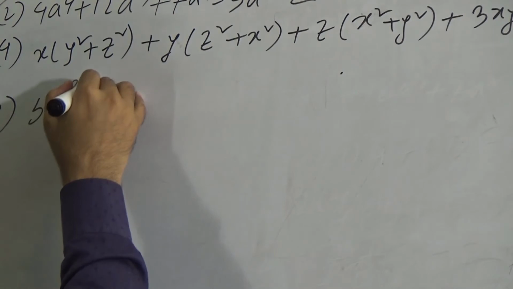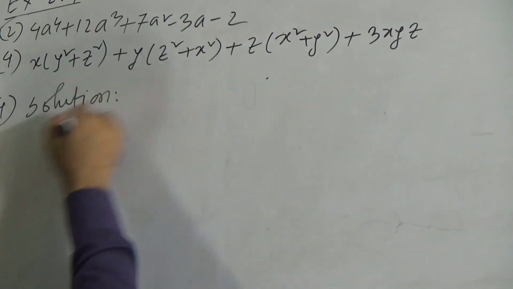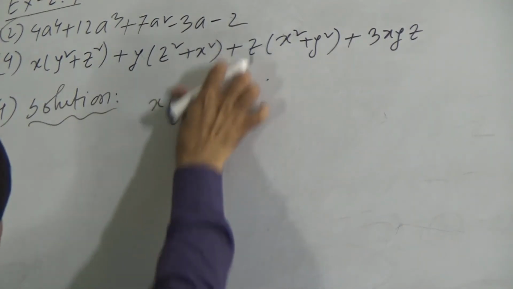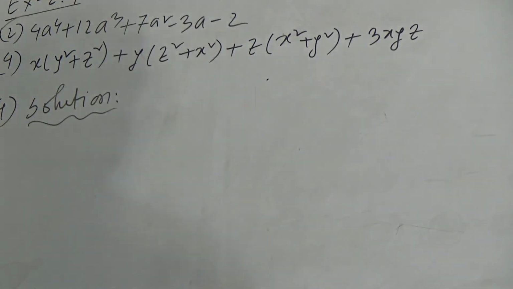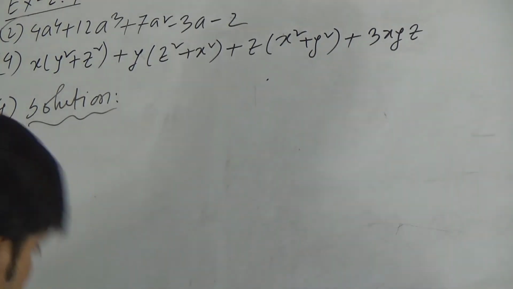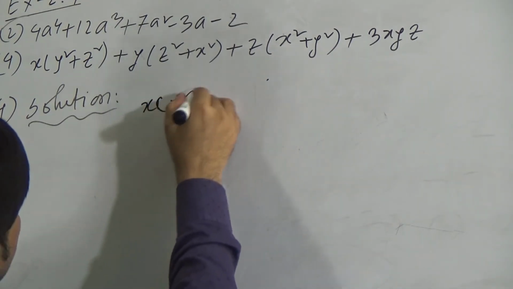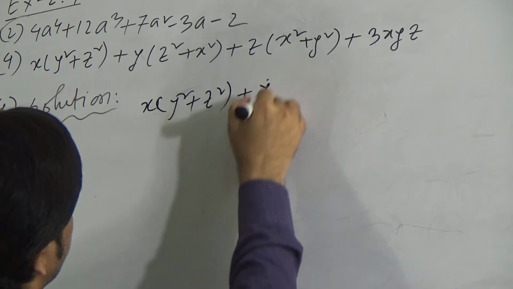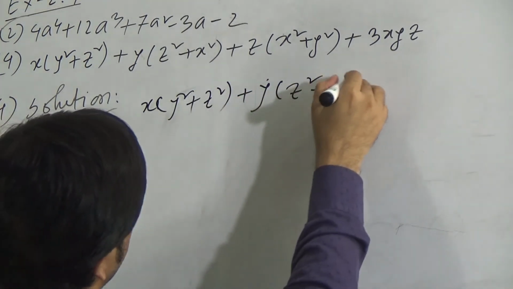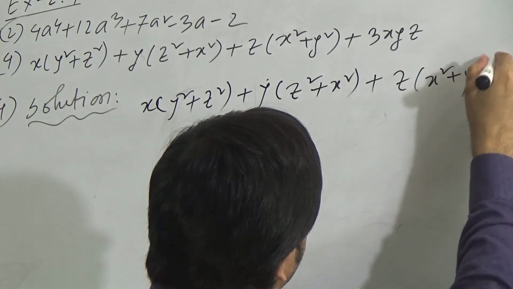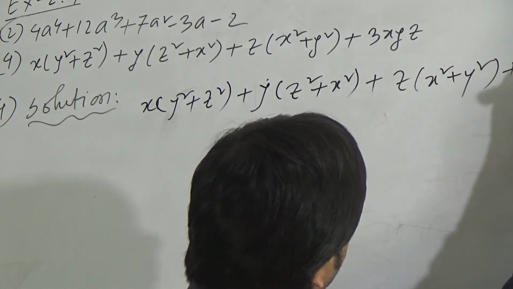We can write here for the solution the given expression: x into y square plus z square, plus y into z square plus x square, plus z into x square plus y square, plus 3xyz.